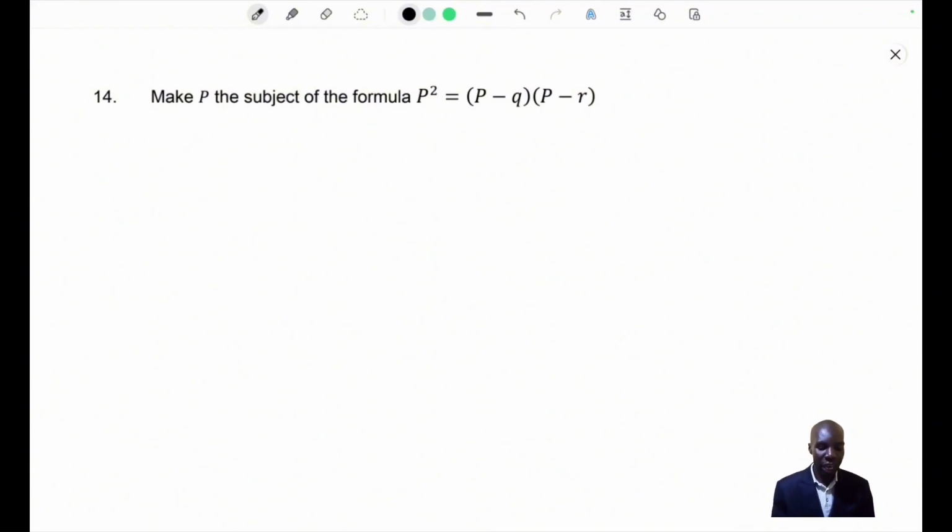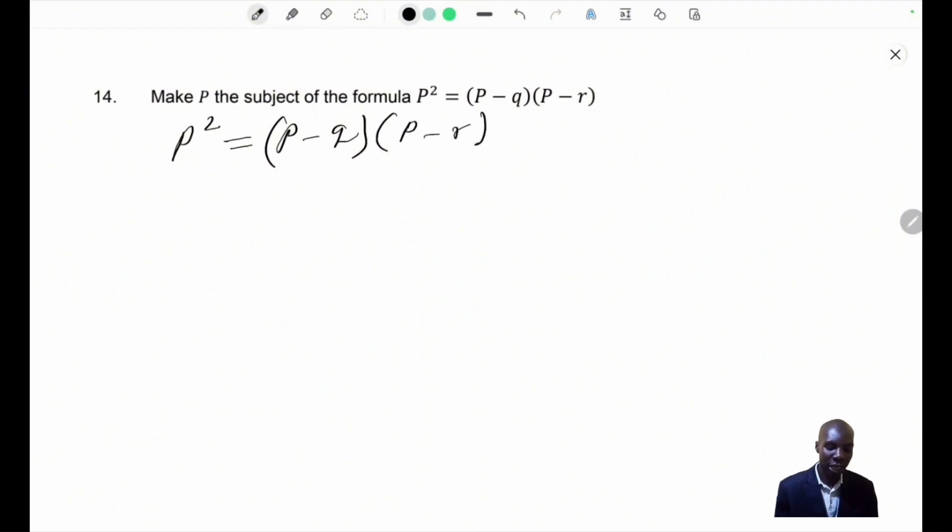Number 14, make P the subject of the formula. P squared is equal to P minus Q in bracket multiplied by P minus R in bracket. So this is what we are going to do.